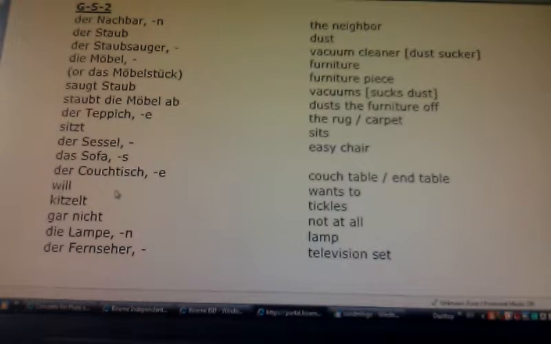And then will, a false cognate if you think that it means like I will go somewhere. Well, it's not. Will has to do with the will to do something. Perhaps you've heard the older English phrase, do what you will. That doesn't mean do what you're going to do. What it means is do what you have the will to do. And that's how it's used in German, too, okay?